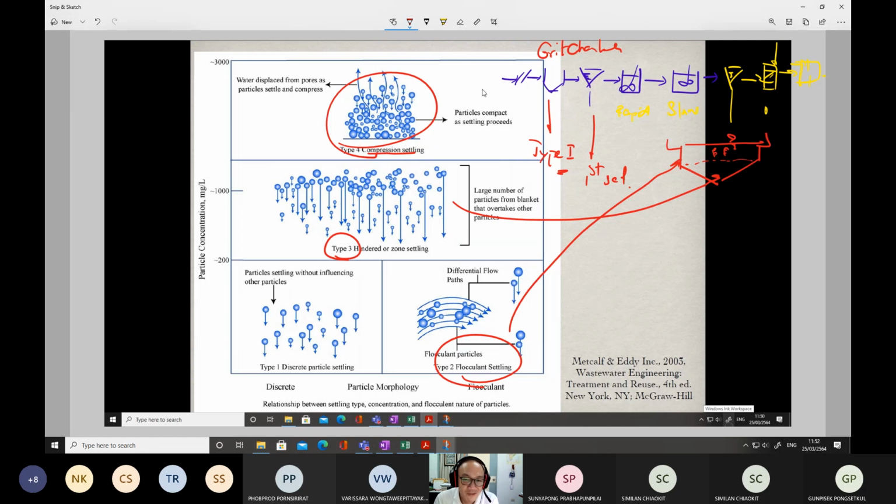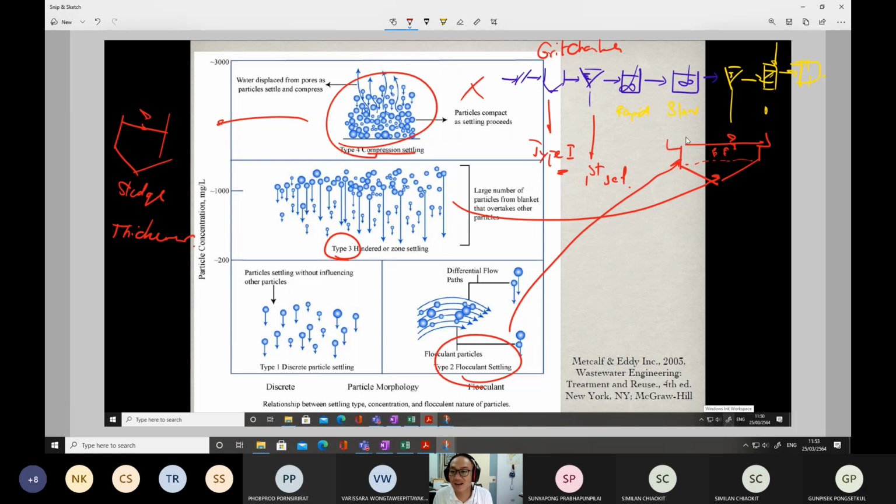Usually compression settling never exists in a series of water treatment or wastewater treatment unit operations or processes. It will occur only in sludge treatment, in a sludge thickener.